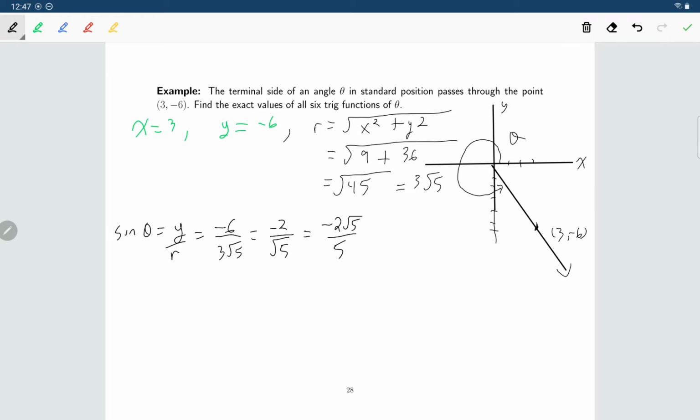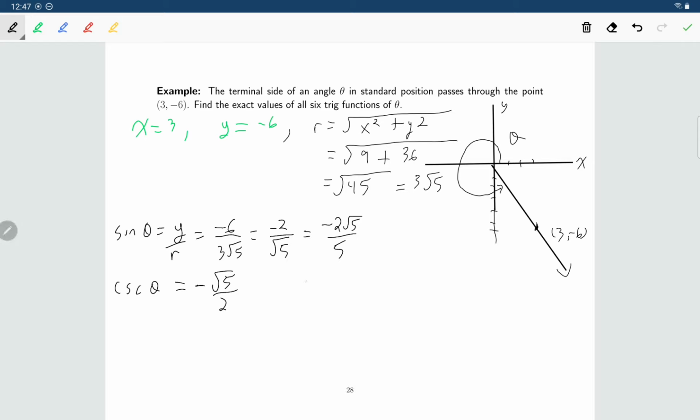And once I know sine, I know cosecant, so let's give that. Cosecant of theta, that's the reciprocal of sine. Since sine was -2 over root of 5, then cosecant should be root of 5 over 2, negative. There we go. So we've got 2 out of our 6 trig functions, sine and cosecant.